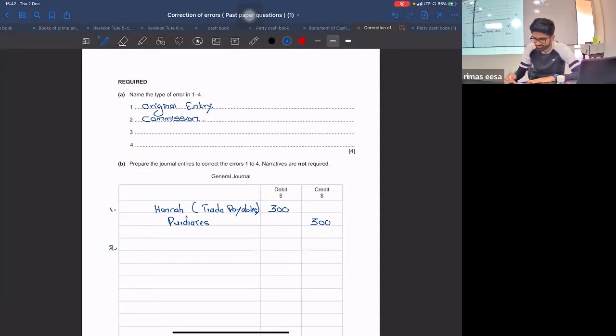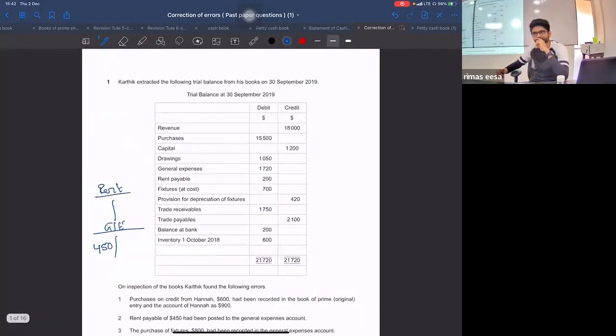Commission. Now, shall we correct this error? Can you tell me, how can I correct this error? What should I do to the general expenses account? Credit how much? 450. Why? By mistake, I put rent into general expenses. So what should I do now? I have to remove it from general expenses first.